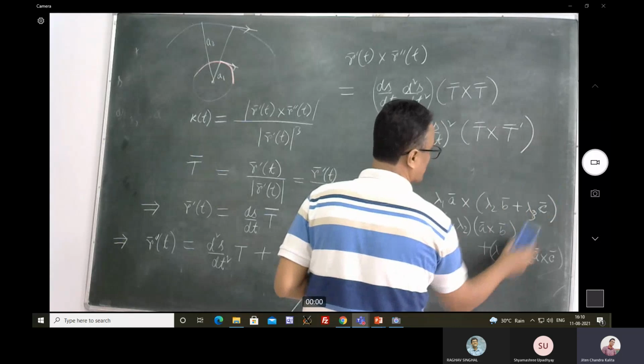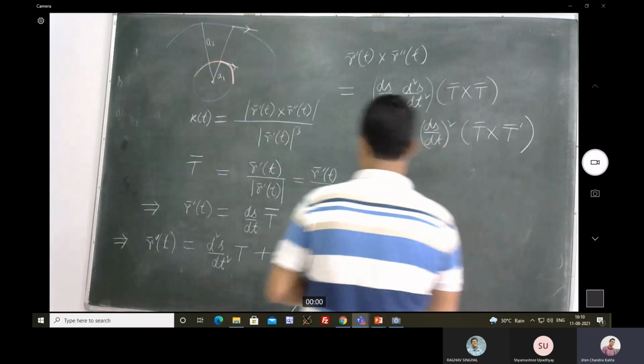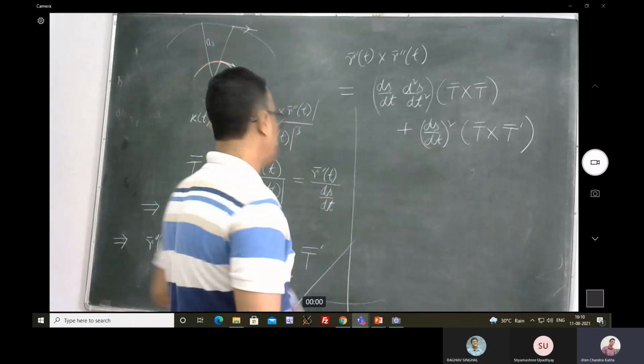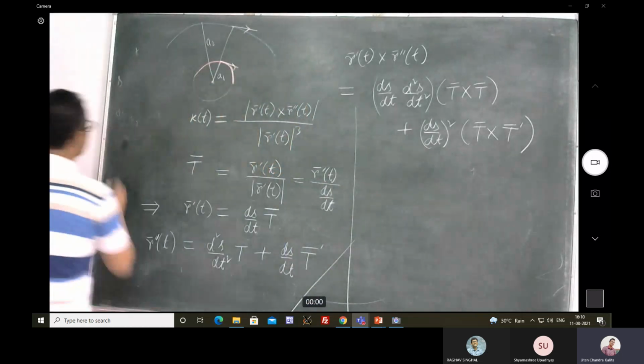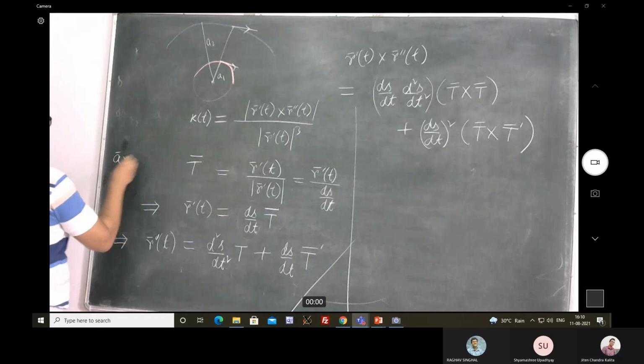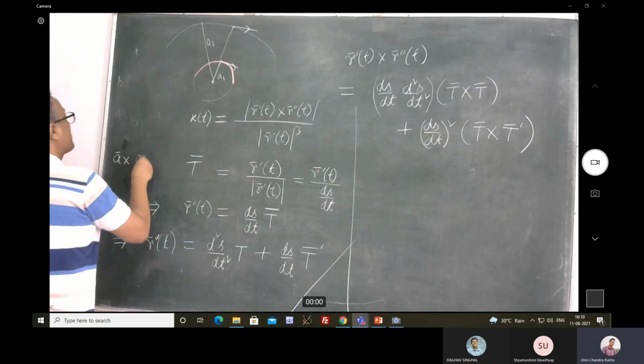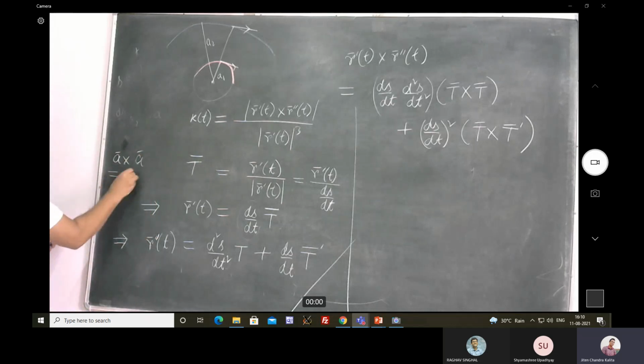Okay, so now the interesting part here. I have simply followed this one. The interesting part is, I'm not sure whether I discussed it earlier, if you take the vector product of the same vectors, this is always zero.